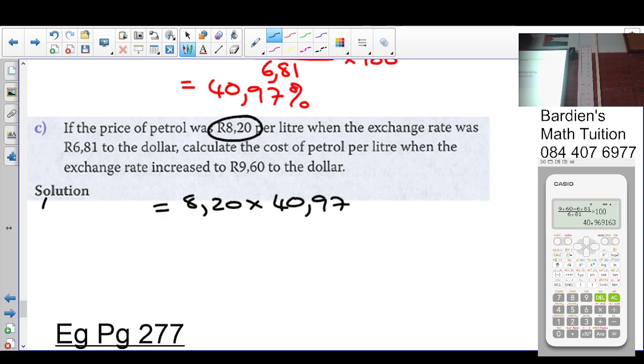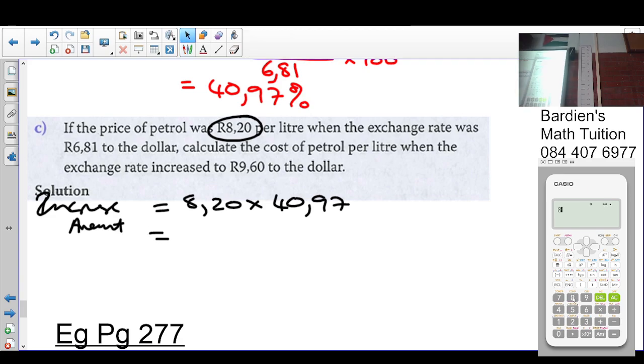Increased amount. So 8 rand 20 multiplied by 40.97% gives us 3.36.